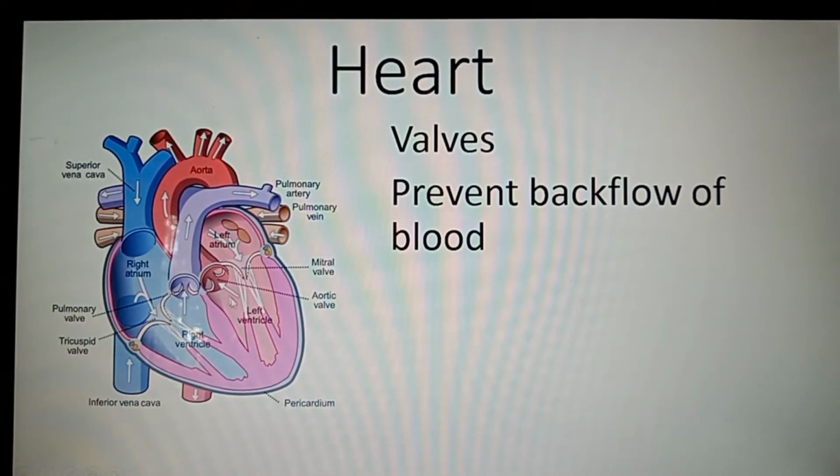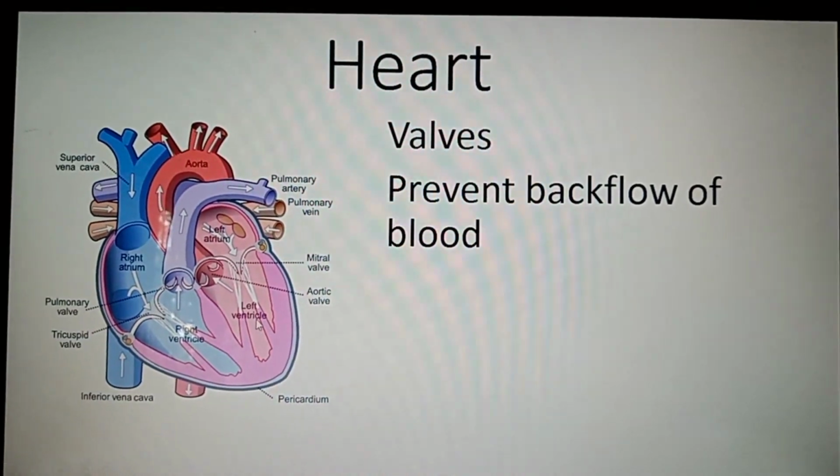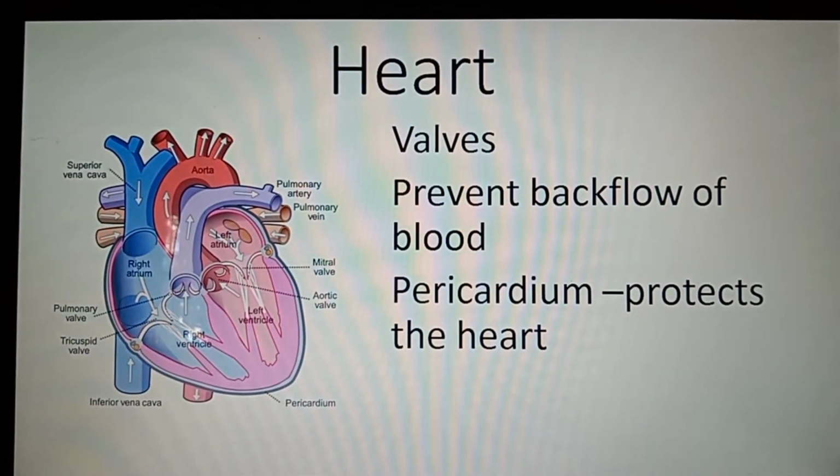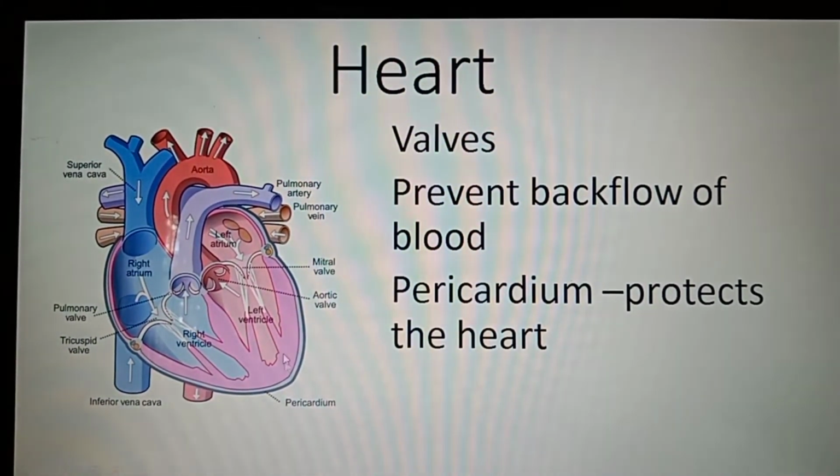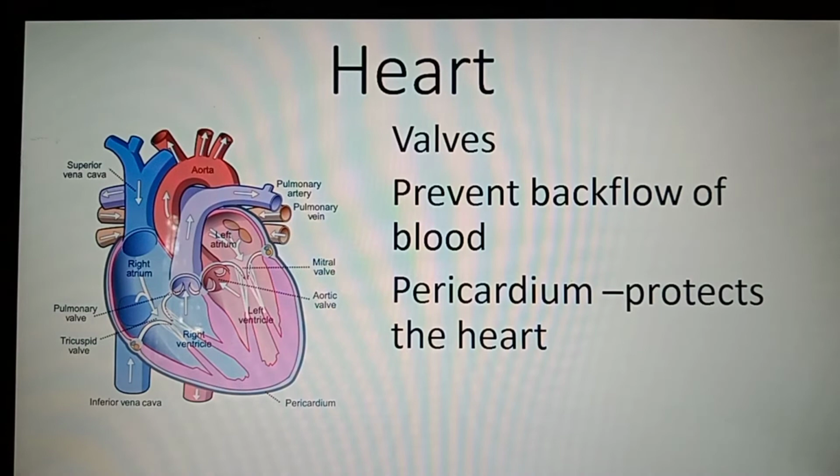And also here, once blood enters our aorta, it should not go back to the left ventricle. And the last is the pericardium. This is, children, a membrane here. It protects the heart. That's the purpose of your pericardium. So those are the 4 chambers of the heart and other parts of the heart and their function.